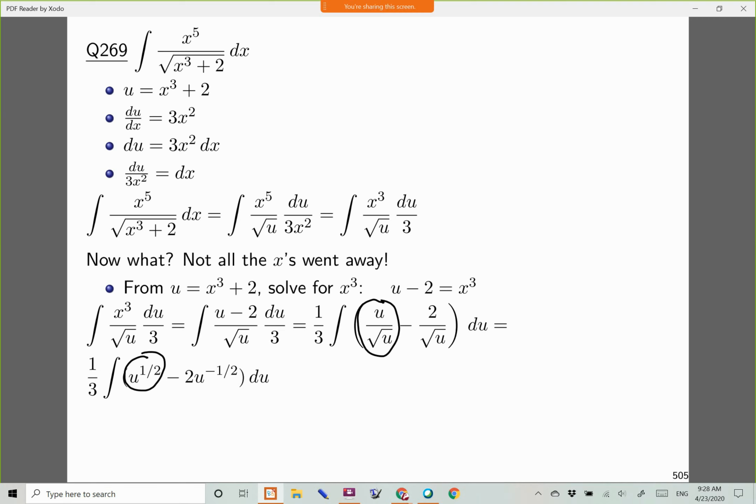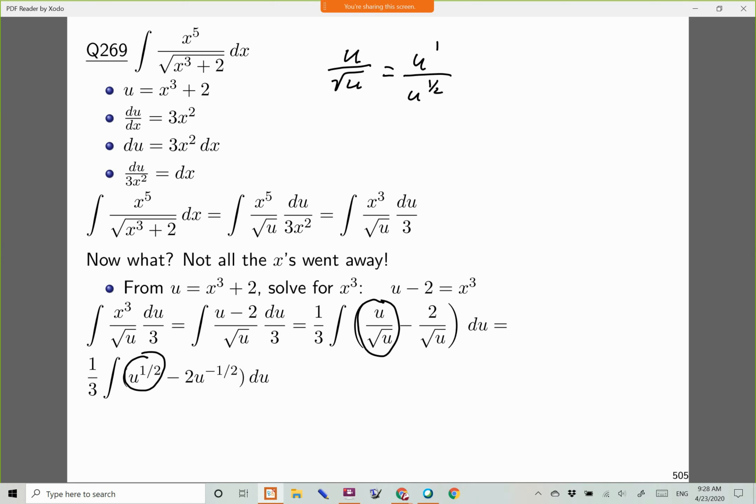So one way to see this is if you have u over root u, this is u to the 1 over u to the 1/2, right? Another way to write root u is u to the 1/2 power. And here what's going on is you've got 2 things with the same base, but we're dividing the 2 things from each other.